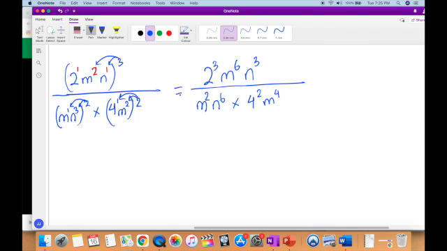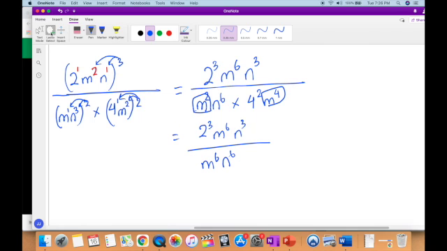Did I make any mistakes there? Okay? So now we can try to simplify all of this. So let's say 2 cubed m6 n cubed all over. Let's handle this denominator. We see m squared multiplied by m4 is m6, and then I already have n6.